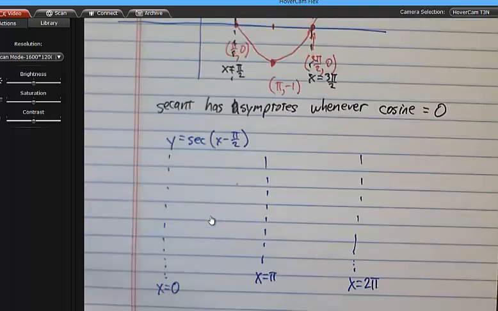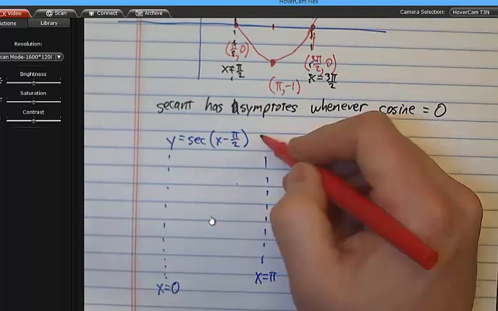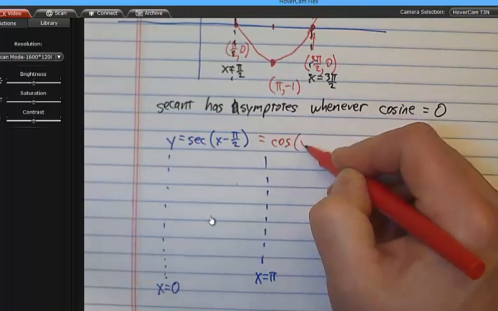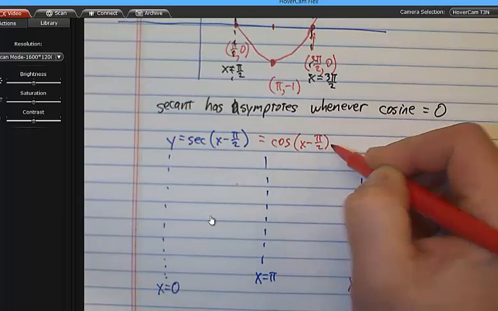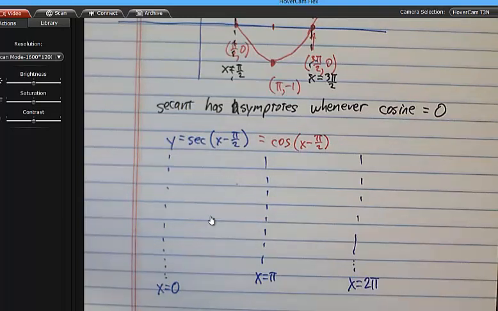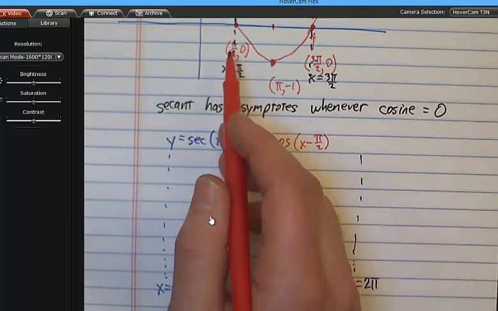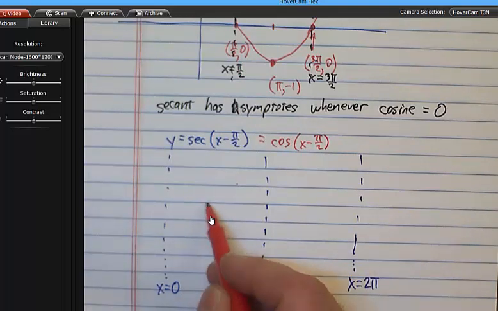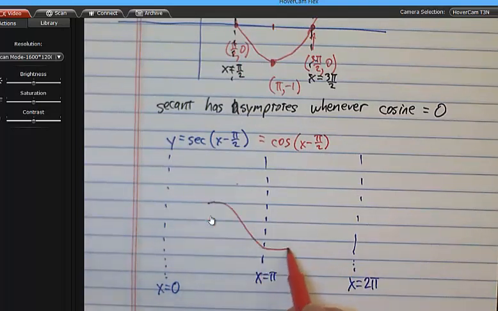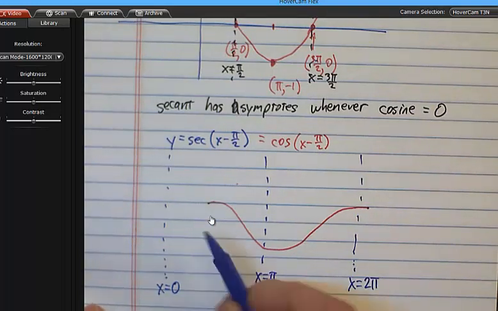So what a lot of people would do for this problem is this. Graph the cosine of x minus pi over 2. Graph the cosine function first. So take the cosine function I had above and shift it to the right by pi over 2. And now, sorry about that, that was a little sloppy.